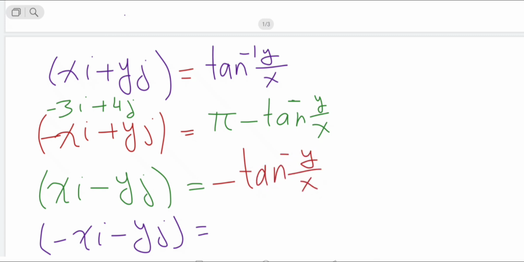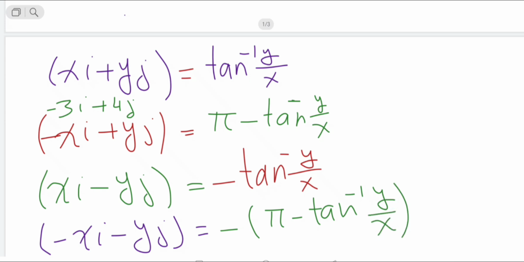The last possibility, if both are negative, x negative, we subtract from pi. Y negative, the angle will be negative. So negative bracket pi minus tan inverse y over x. So these are the possibilities that can come in the exam.